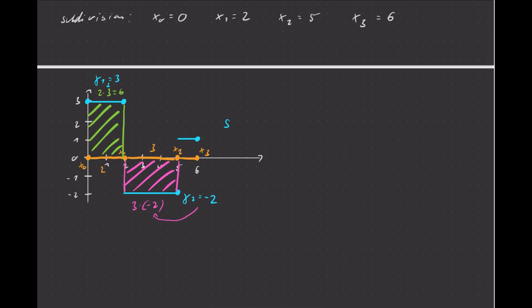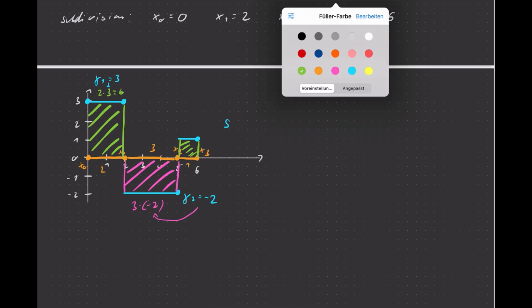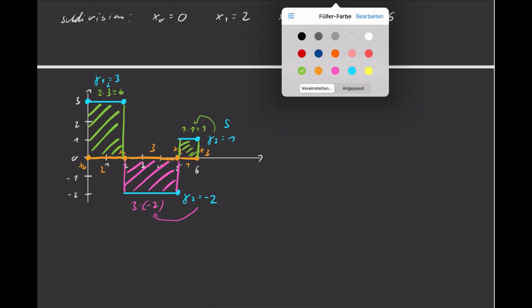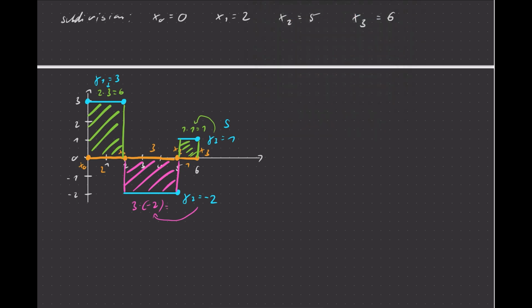And finally, the last interval has a length of 1, and again the function value is now positive. So we have this rectangle here. The function value is now gamma 3 equals 1. So what we have here is an area of 1 times 1, which is 1. Right? And again, the gamma 3 enters here. And I forgot to give you the result here. So 3 times -2 is, of course, -6.